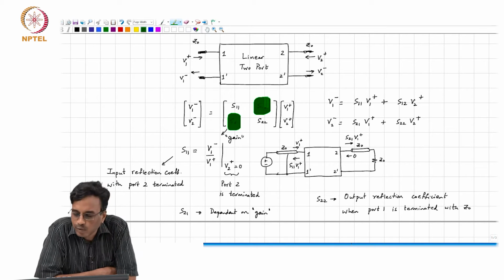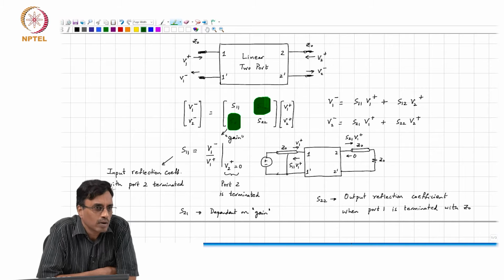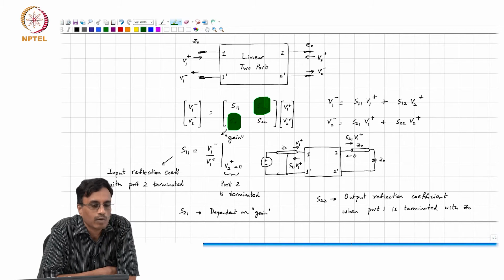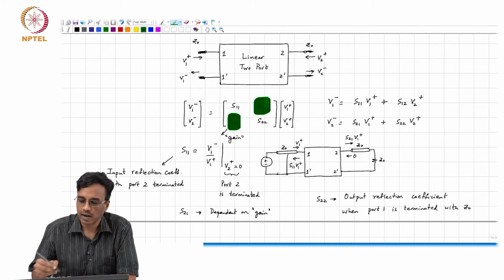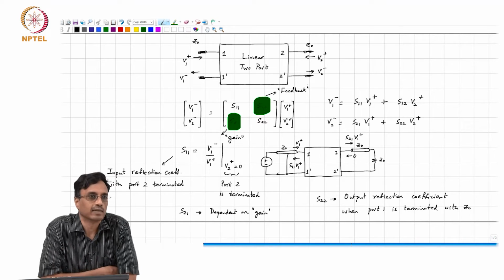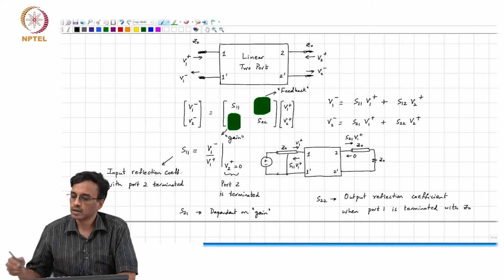And likewise, S12 is telling you, if I throw something at port 2, how much of it comes out of port 1. So, this again quantifies the amount of feedback within the device.